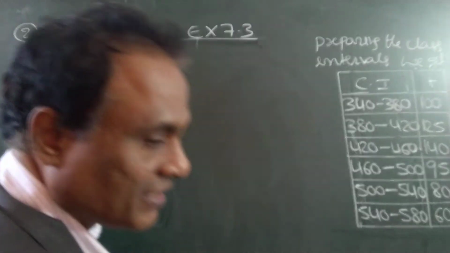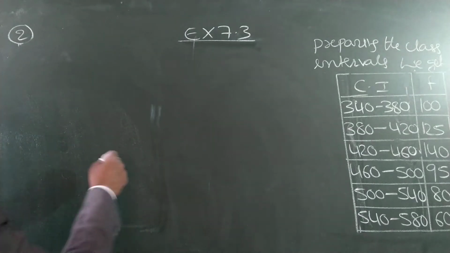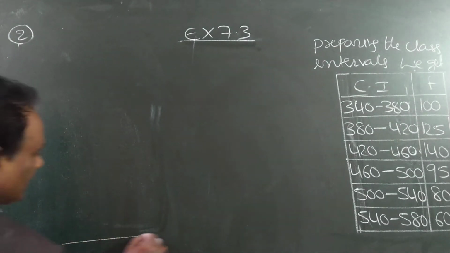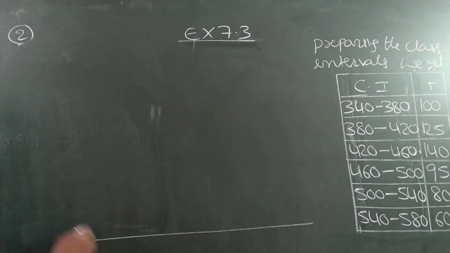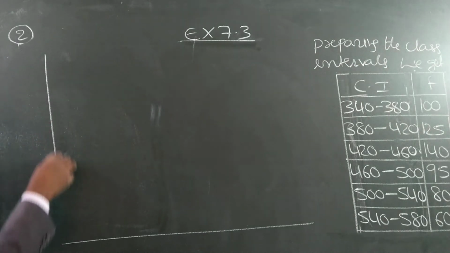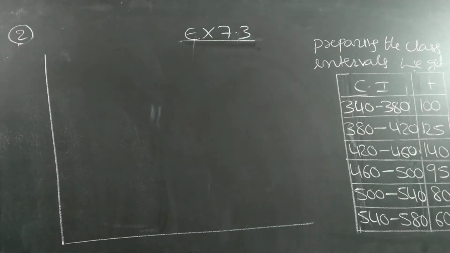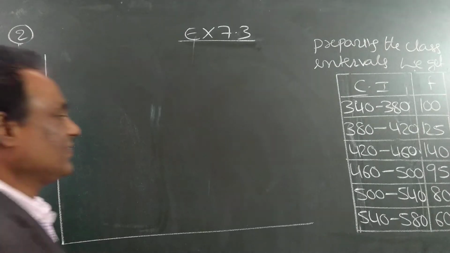Now, histogram. Horizontal line. Vertical line. It should be a graph paper actually. Graph paper. Students, see here.